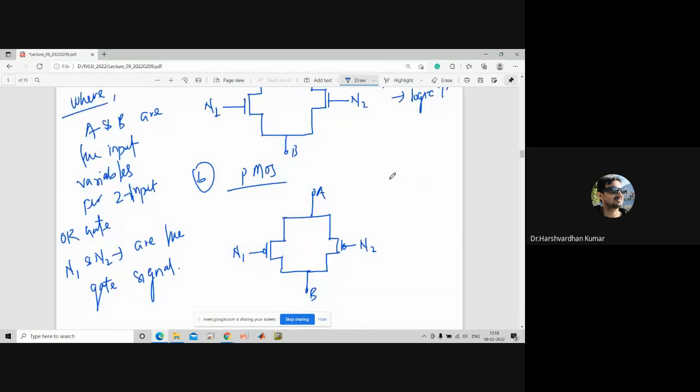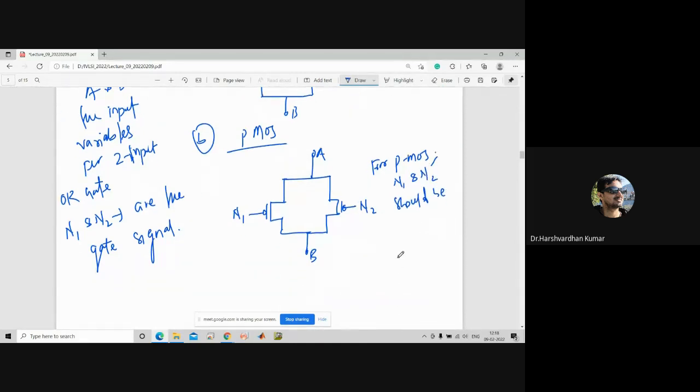What about the PMOS? For PMOS, N1 and N2 should be 0, so this is at logic 0. In the last lecture, we discussed logic 0 and logic 1.